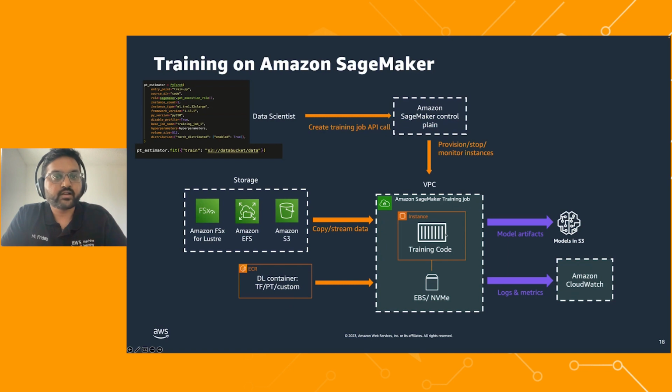It runs the training, and the training generally involves two phases when we use Trainium. The first thing is we compile the model so that it runs on neuron core. Since we have separate engines for tensor computation, vector computation, and so on, we need to do a pre-compilation, which automatically happens when you run the job on SageMaker. It does the compilation first, and then it runs the training post the compilation. And once the training is done, all the model artifacts are copied to S3.